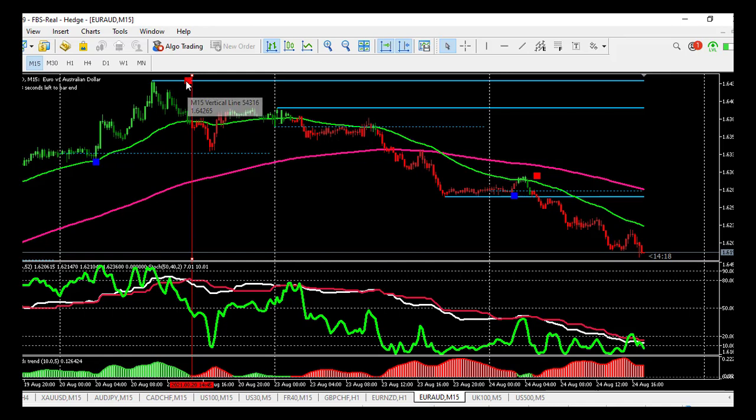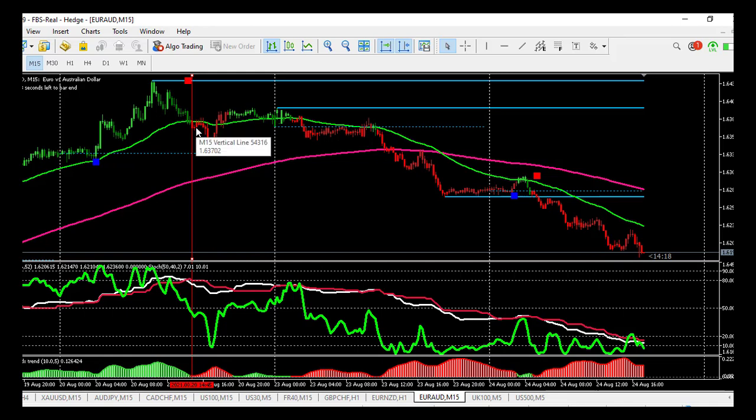And for a sell trade like this, you make sure that this crosses from above 80 and crosses the green line downward. Then you wait for the ADS trend and the market to close below the 50 MA.